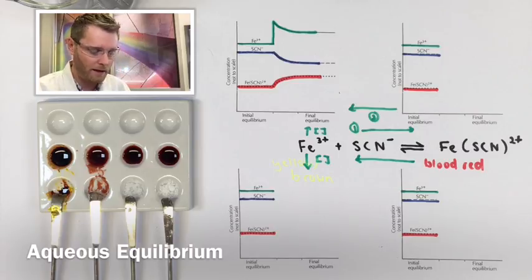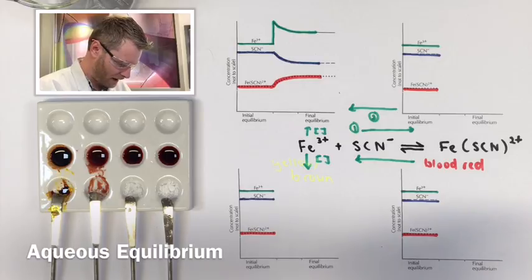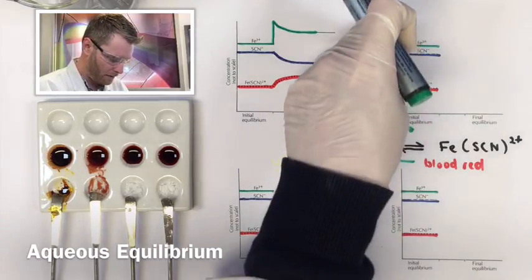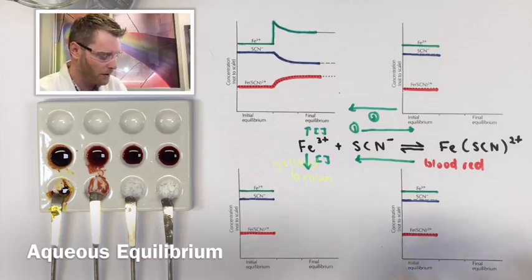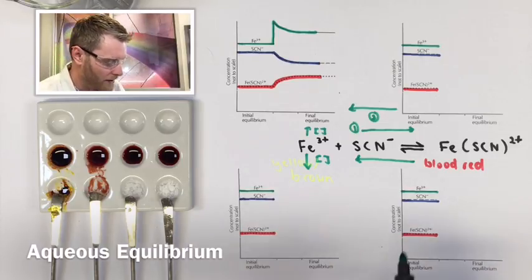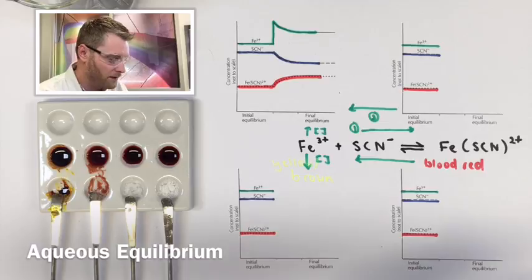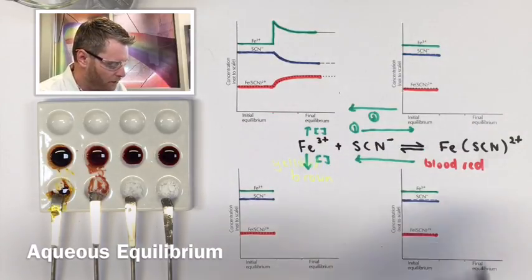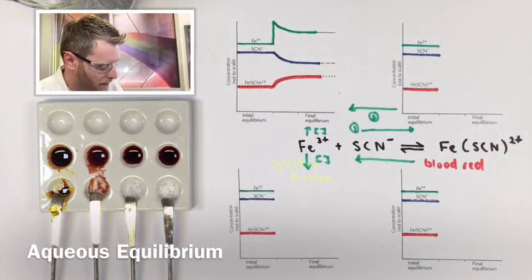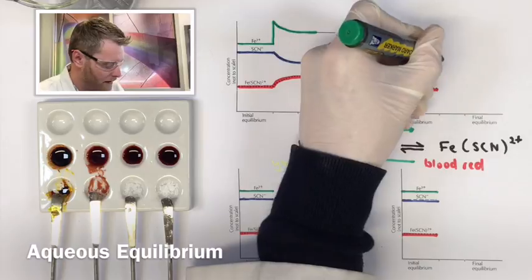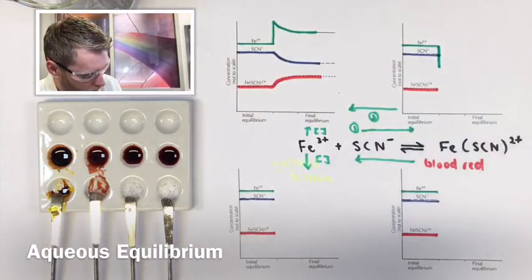Now the difficult part is representing this on a graph. We've got this second graph. We can see the system has been shown as a system that's at equilibrium because all of the lines are parallel, the slope is 0. The concentration for these quantities is not changing with time. And then we can introduce our change. We can suddenly decrease the concentration of iron 3+. The system's response was to slowly generate some more.